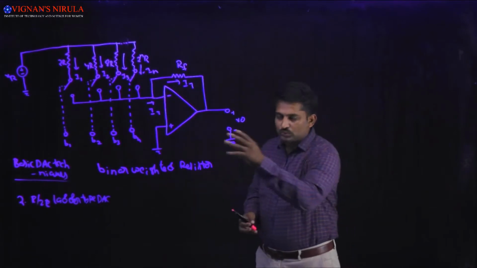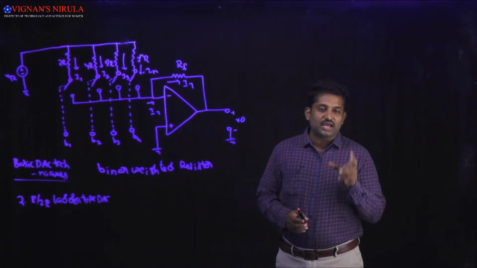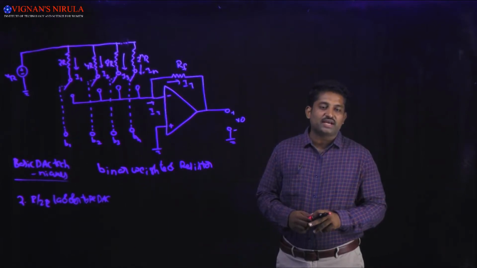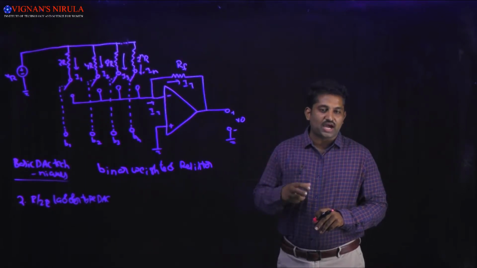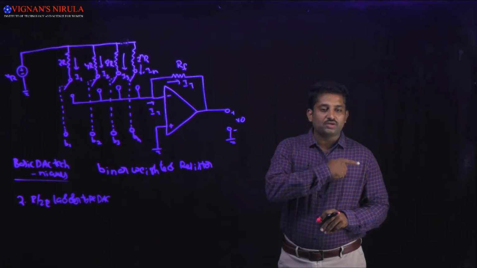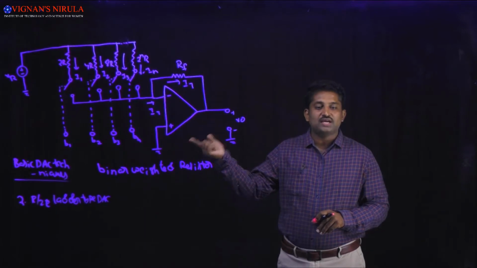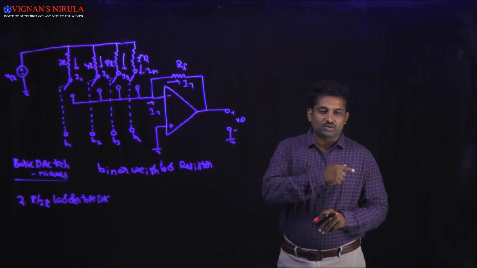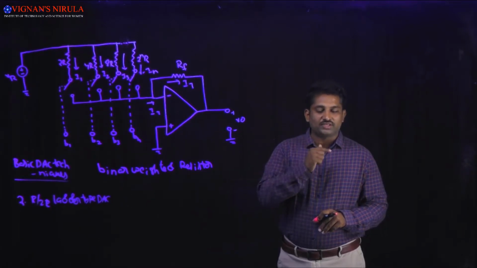In these two techniques, the shunt resistors are used to generate n binary weighted currents, and these binary weighted currents are controlled by the binary input data and then converted into the analog equivalent voltage for the given digital input data.